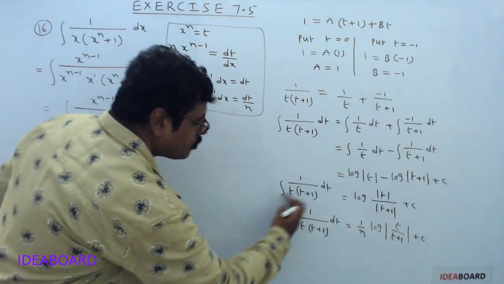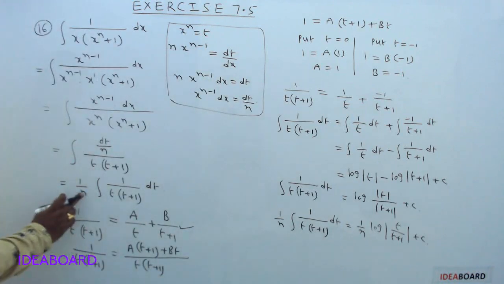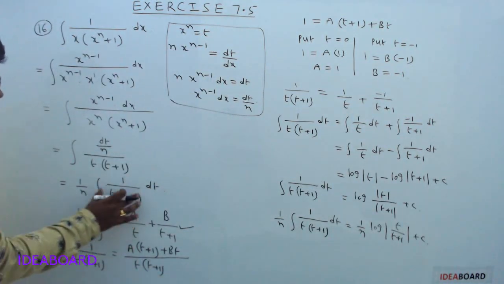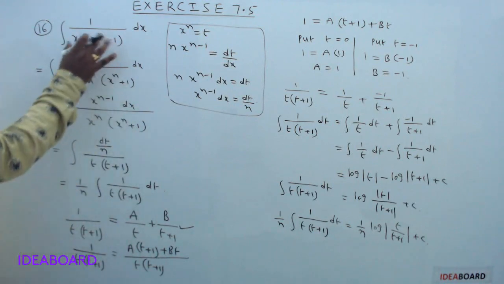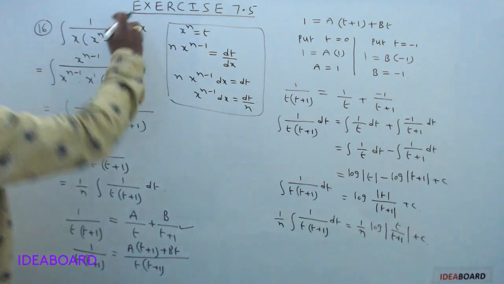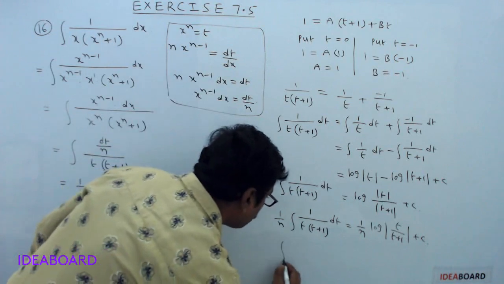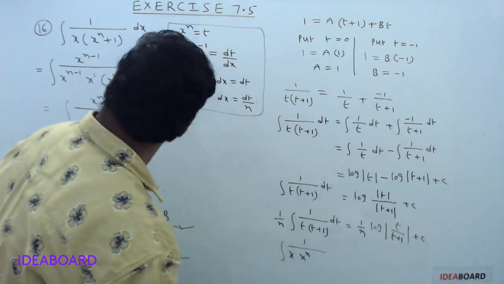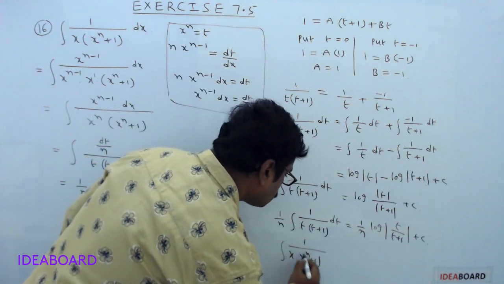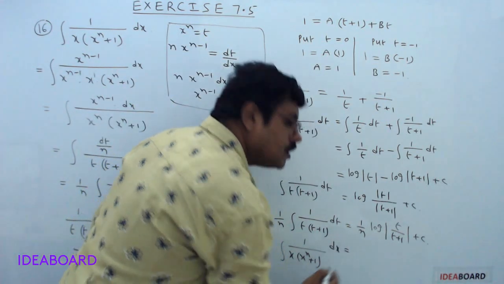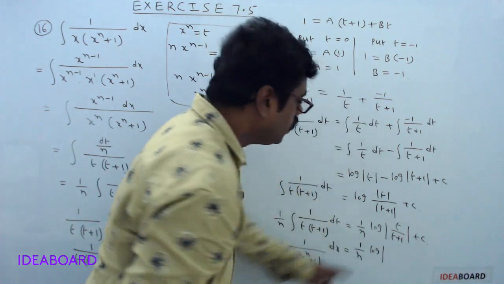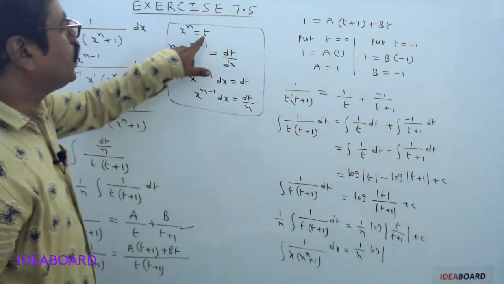So in place of 1 by n into integral 1 divided by t into t plus 1 into dt, it can be taken as your given problem, that is integral 1 divided by x into x power n plus 1 dx. This is 1 by n into log mod t. What is our t value?